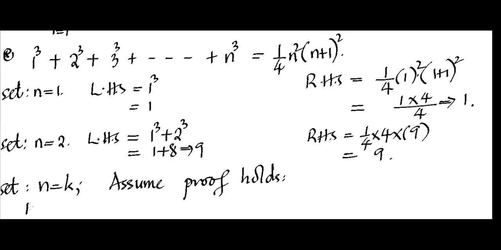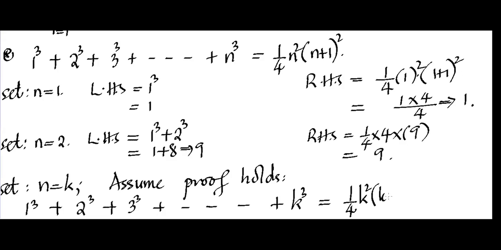And what does the series become? 1 cubed plus 2 cubed plus 3 cubed plus up to when n is taken up by k, which is equal to a quarter k squared into k plus 1 all squared, for that matter.